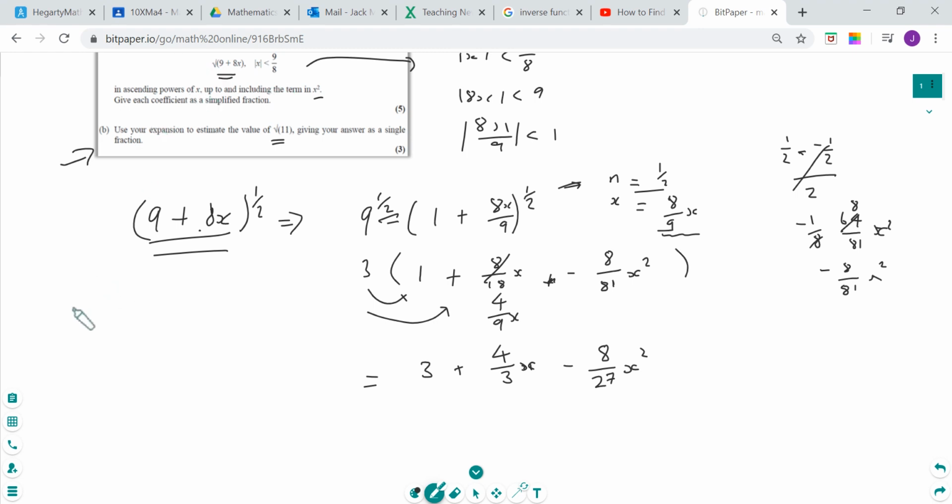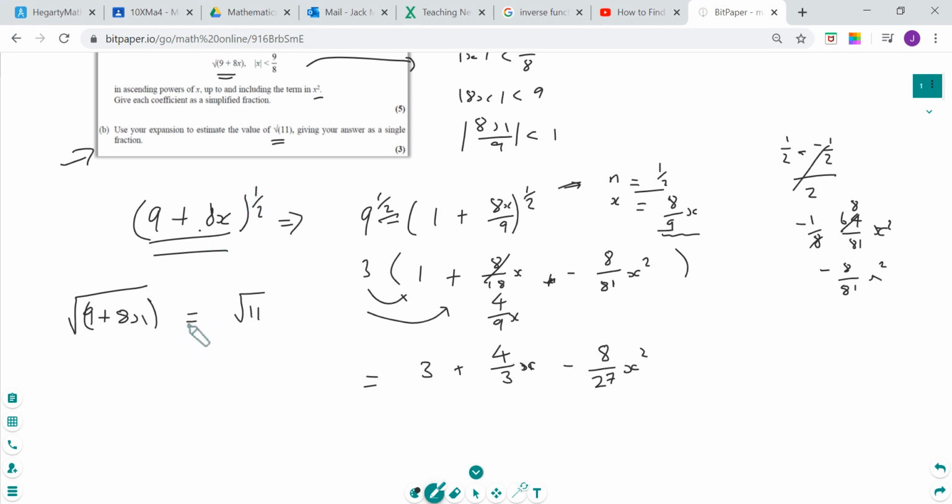So if I look at root 9 plus 8x, so I'm going to keep it how it was in the question, and I look at root 11, how could I use this to find a value for this? Well, I'm going to think about when they would be equal to each other.